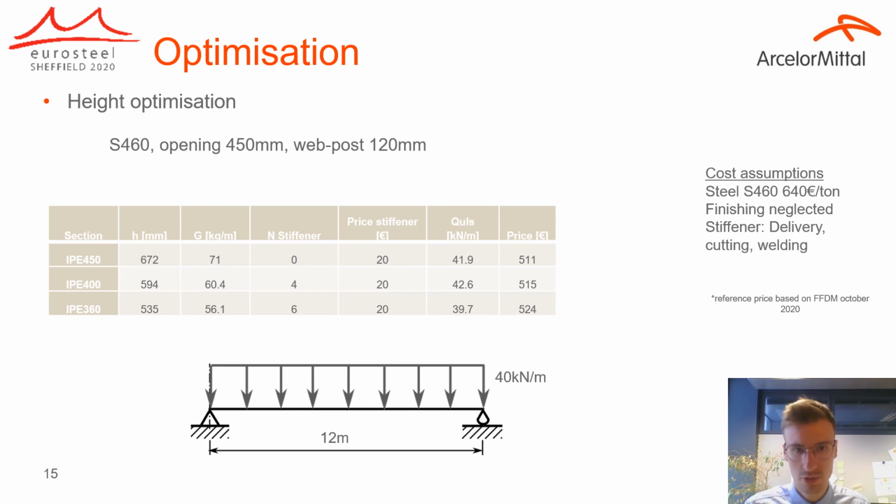This table shows how it is possible to reduce the height of the beam with the same price and the same bearing capacity. Just by welding stiffeners, with the same assumption, the number corresponds to the full number of stiffeners of the beam, you can reduce the beam height by up to 25%.